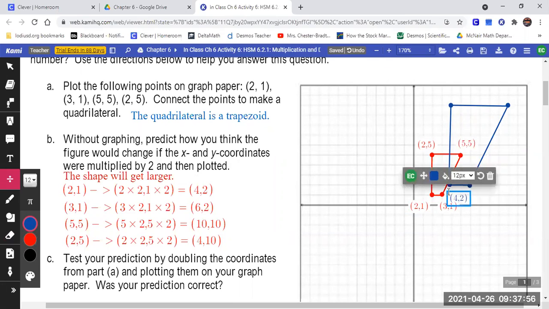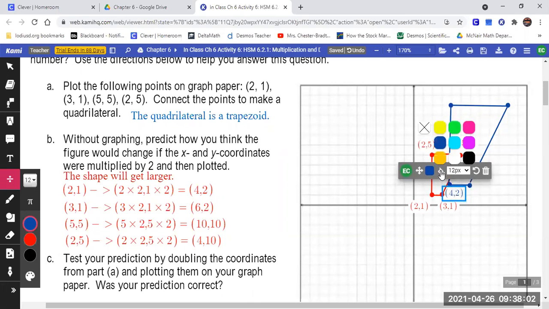Anybody confused about this part? The labeling part? Where we're getting the labels from or anything like that. Now notice this 4, 2, I have to slide it over a little bit so it doesn't use up part of my red line, which means I'm going to put the second one next to it.